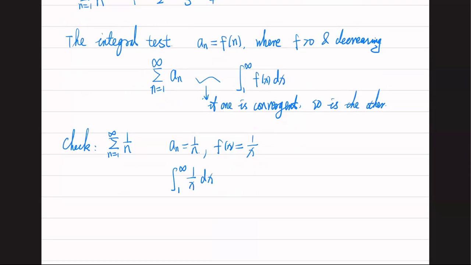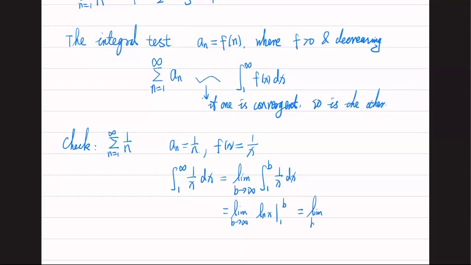Okay, so this is an improper integral. It will be the limit as b goes to infinity, integral from 1 to b, ln x from 1 to b. This will be the limit as b goes to infinity of ln b.